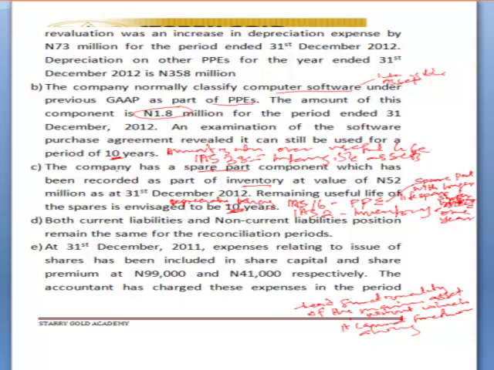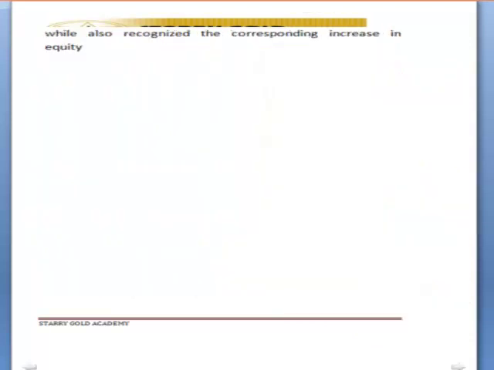Then we also look at the E. It says at 31st December 2011, expenses relating to the issue of shares have been included in share capital and share premium at 99,000 and 41,000 respectively. The accountant has charged these expenses in the period while also recognizing the corresponding increase in equity.